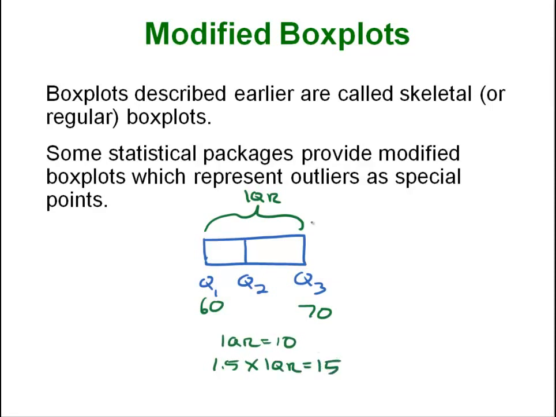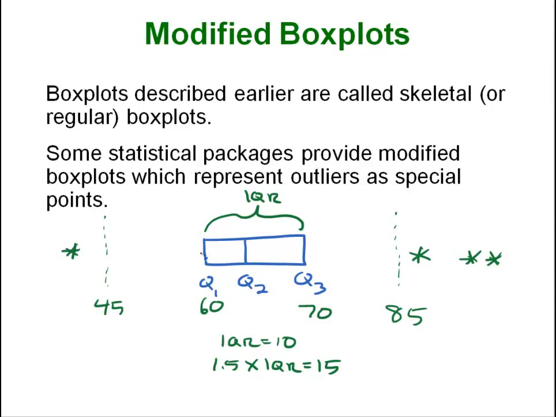The idea is you now go up 15 from 70, and you have a cutoff of 85. Go down that distance from 60, and you have a cutoff of 45. And now if you have any data in your set that are smaller than 45 or greater than 85, you represent them with asterisks.